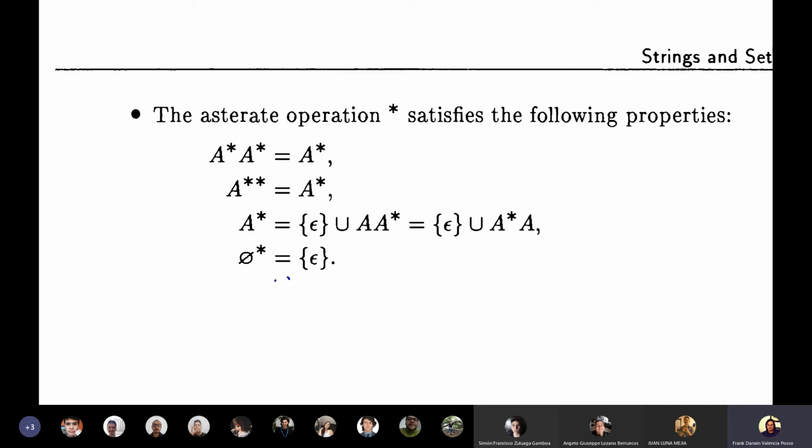And this is just because, remember that you have A0, A1, and so on. And this one, by definition, is this one. So, okay.